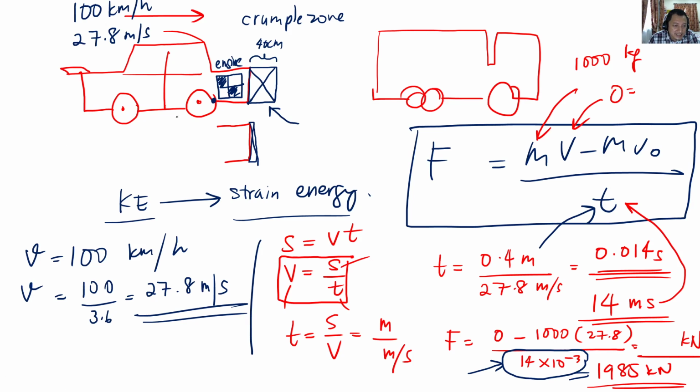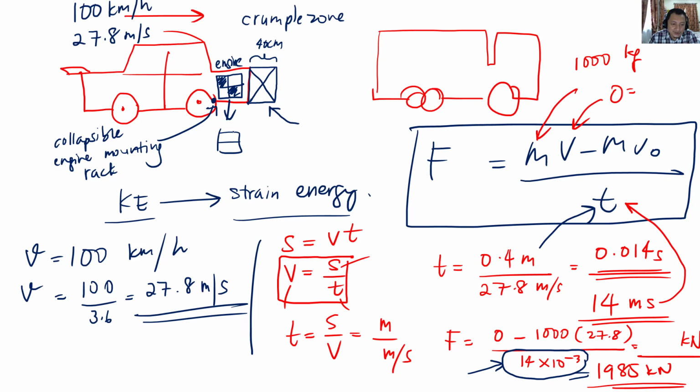You design a collapsible engine mounting rack. Meaning when crash, this engine will drop down. It falls down, so this engine will be no more. So your crumple zone can increase a bit more. Things like that, right?